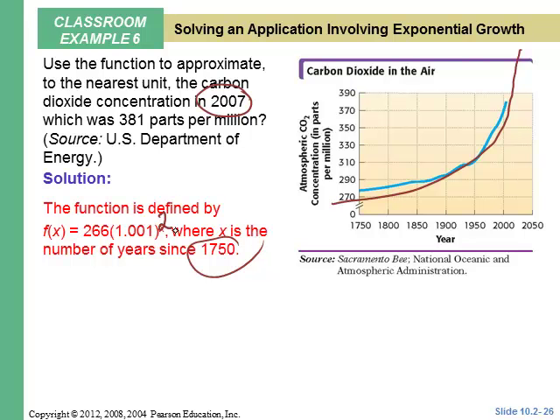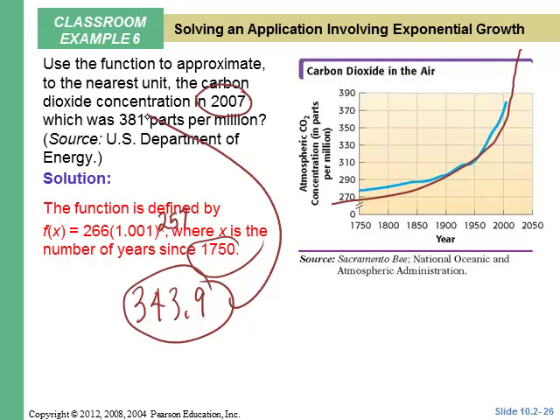So this is to the 257th. So we would press 266 times 1.001 to the 257, and we get 343.9, which is pretty close to 381.